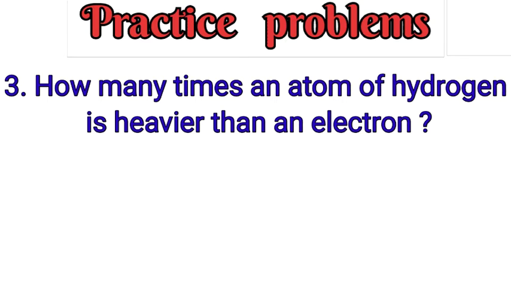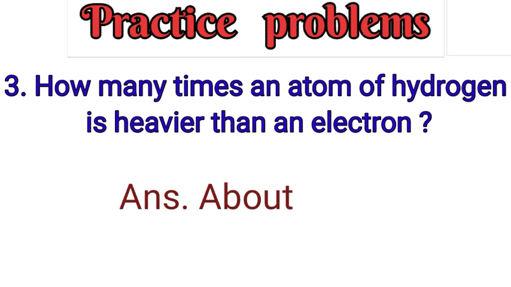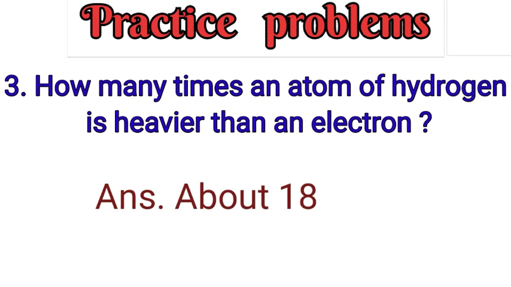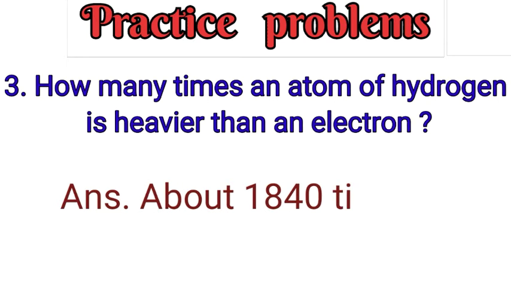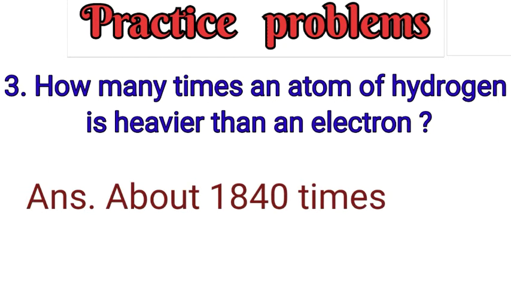So see how the question has been reversed. So the answer for this is about 1840 times, because we have seen that electron is 1 by 1840 times lighter than hydrogen atom, which simply means that hydrogen atom is 1840 times heavier than an electron.